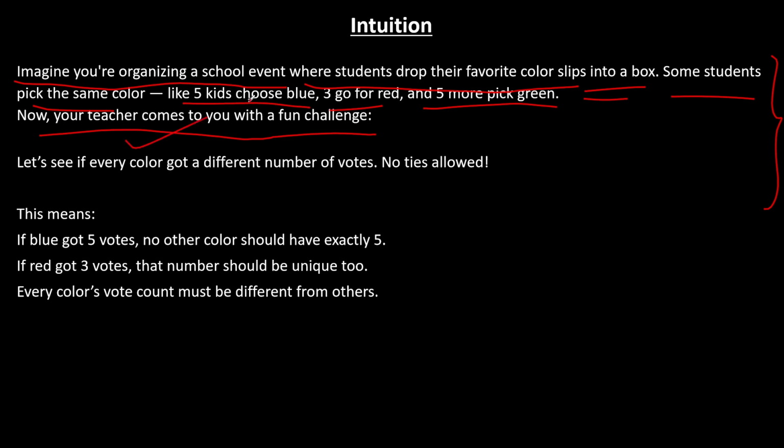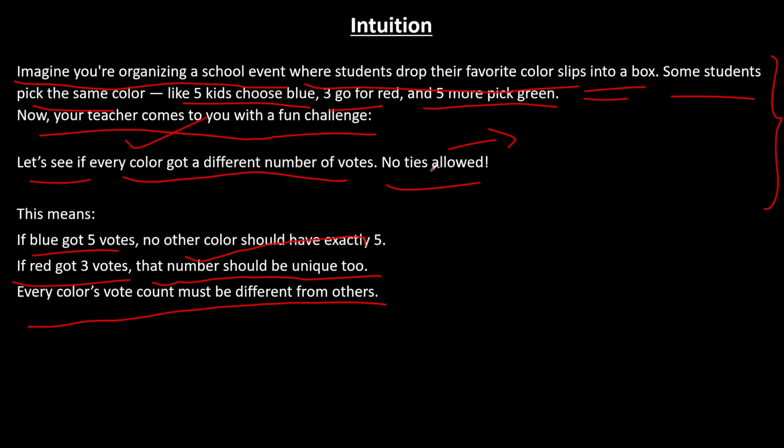What is the challenge given by the teacher? Let's see if every color got a different number of votes. No ties allowed. This is what our question is asking, which means that if blue got five votes, no other color should have exactly five. If red got three votes, then that number should be unique too, and every color's vote count must be different from the others.